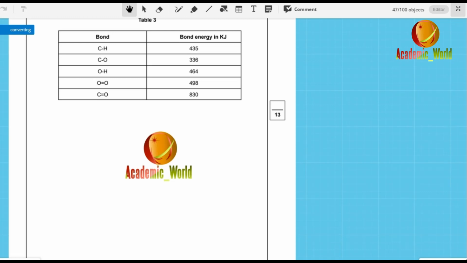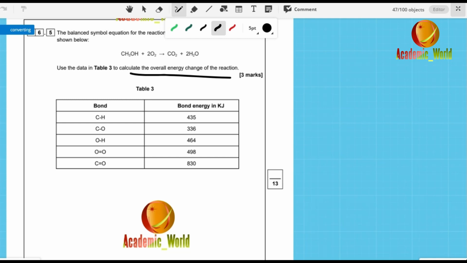Okay, now how would you find it? Basically you find first the total energy absorbed. The total energy absorbed is equal to, you have to find each of them. You know that the total energy absorbed and the total energy given out, and then you have to find the overall energy change basically. You have to use these energy changes.